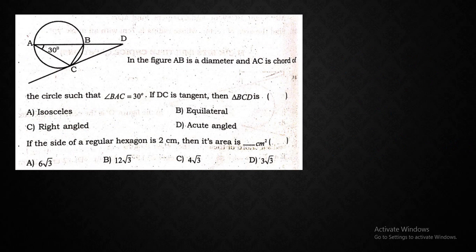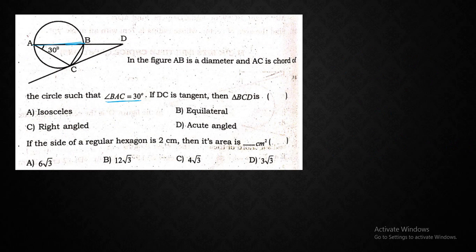Next, moving on to one more question. In the figure, AB is a diameter, AC is a chord of the circle such that angle BAC is equal to 30 degrees. DC is a tangent, and it is asking what triangle BCD is. Now if you observe this, AB is a diameter, right?